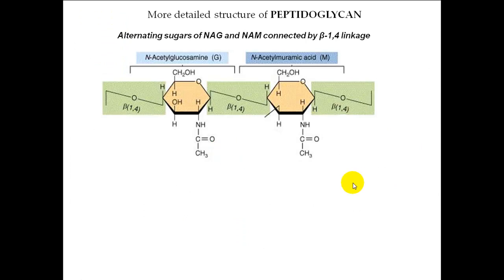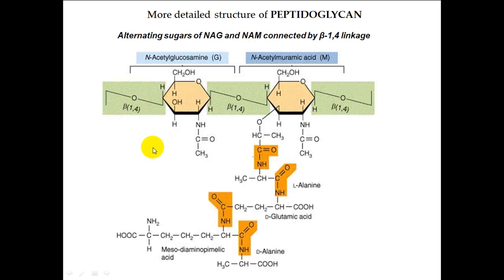In case you're a fan of chemistry, you won't be asked to know this, but in case you're interested, here is the complete chemical structure of peptidoglycan. Here is what the sugars that comprise the peptidoglycan chains look like. N-acetylmuramic acid is the one that has a short string of amino acids attached to it.